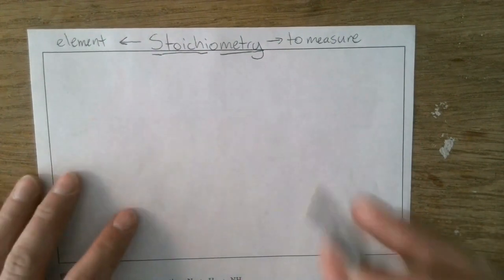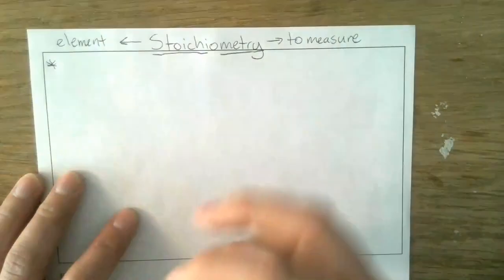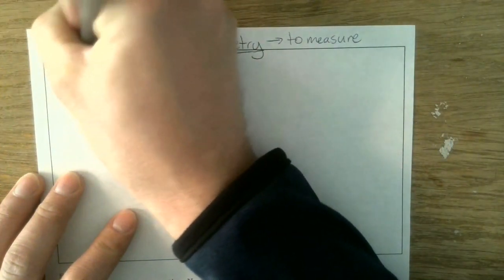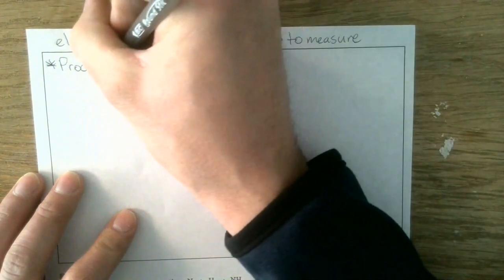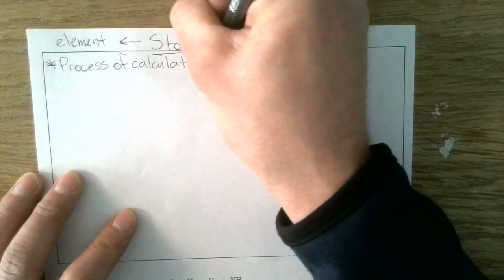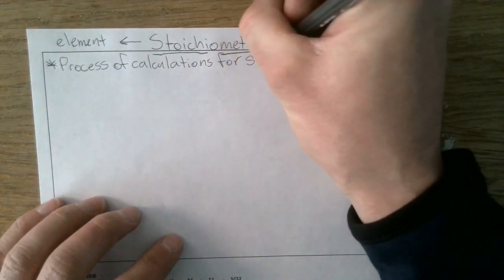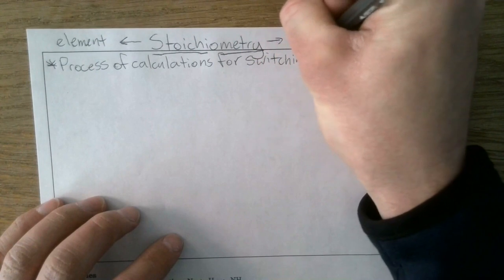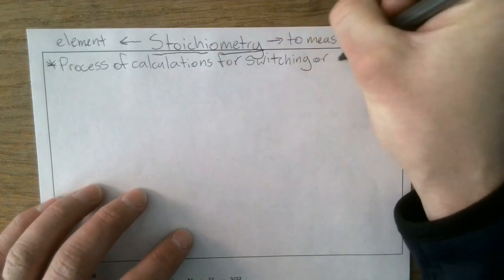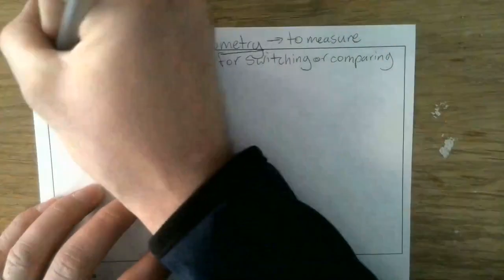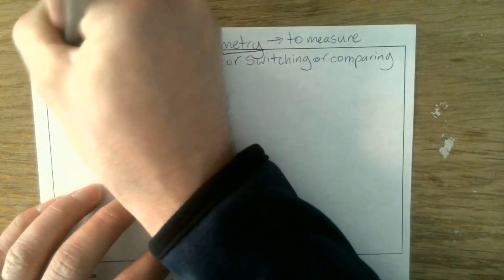So our whole purpose in stoichiometry is that it is a process of calculations for switching or comparing different substances.